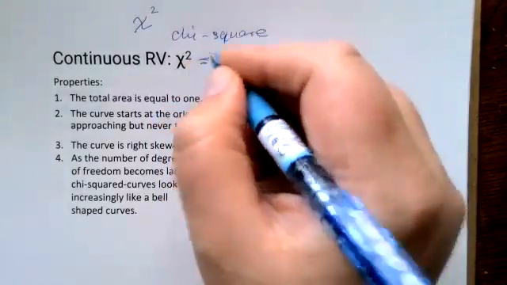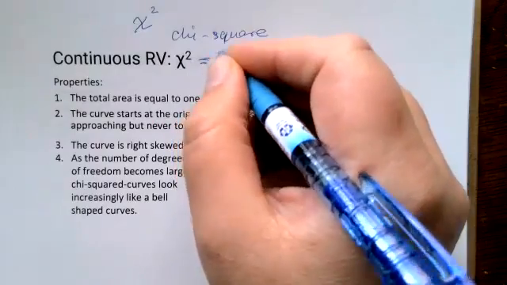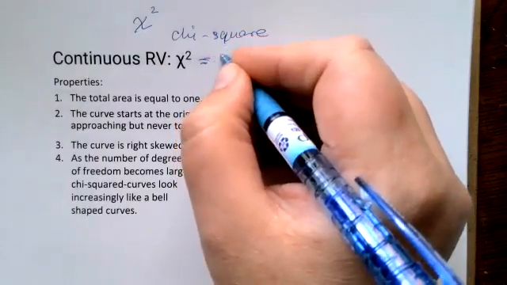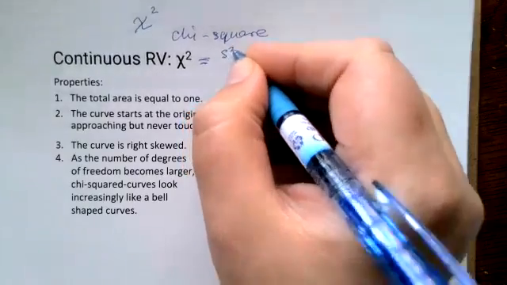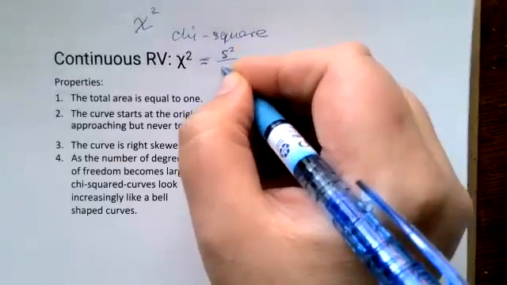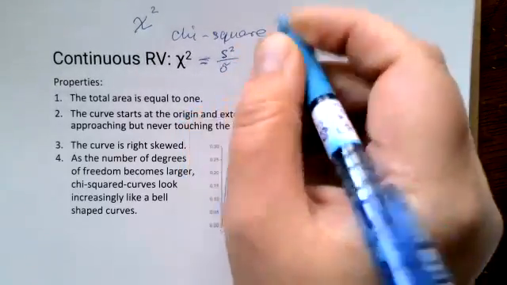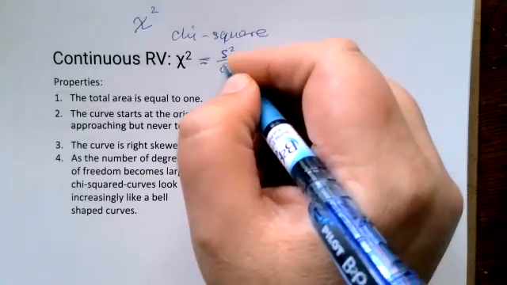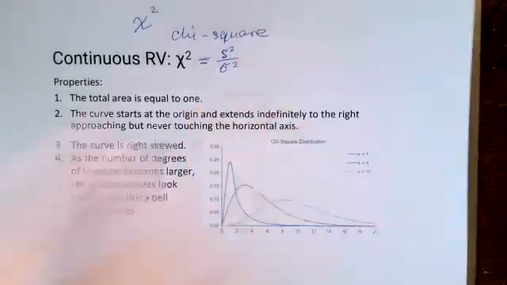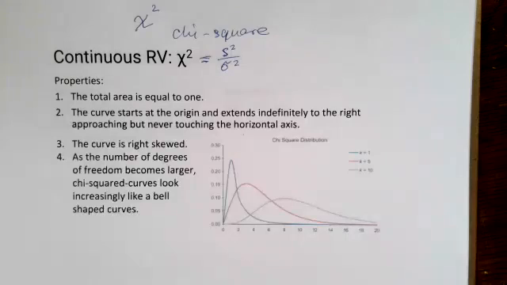We're going to take a look at it later, but chi-square is basically the variance of the sample divided by the variance of the population. That makes our chi-square distribution different from our normal distribution. How so?